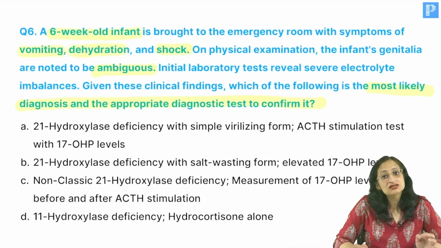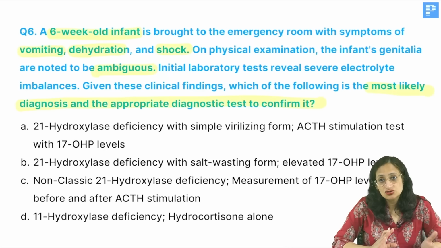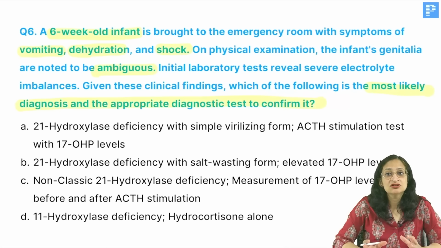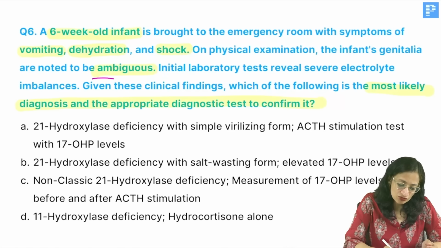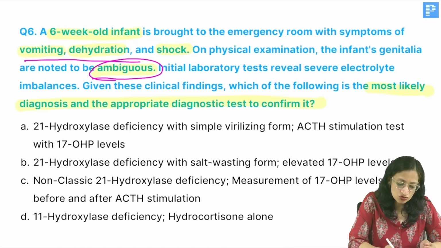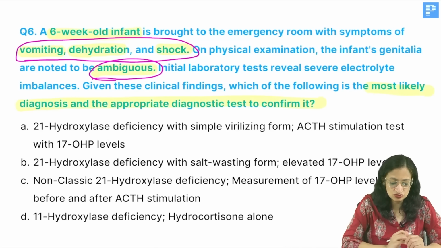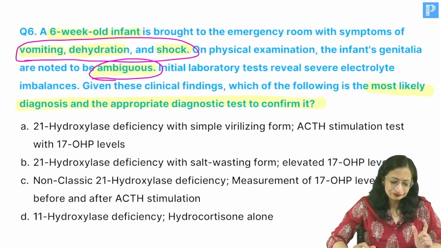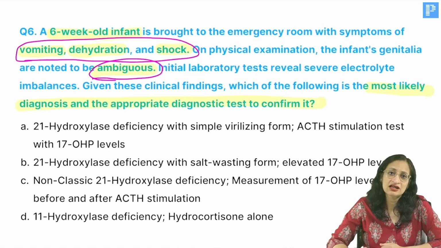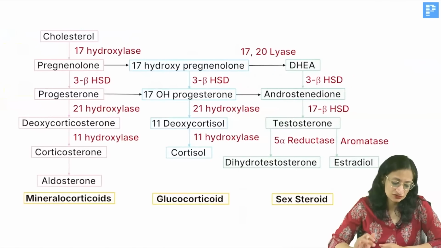There is a classical form where salt wasting as well as ambiguous genitalia in a female are there. So here in the given case scenario, you have ambiguous genitalia and features of salt wasting and dyselectrolytemia also. So it is the classical variety of 21 hydroxylase deficiency where salt wasting is there. Let us see what happens in that, and then we come back to answer this question.